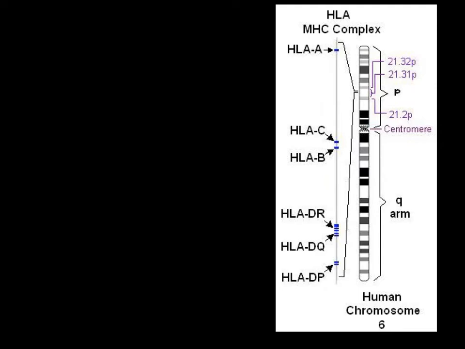Now, these 4 genes that you see on the P arm of chromosome number 6, human leukocyte antigen, or HLA-A, HLA-B, HLA-C, and HLA-D, which actually contains 3 subregions, HLA-DP, DQ, and DR. So we're looking at a total of 6 different genes here, clustered in a group on the P arm of chromosome number 6, that all produce these protein molecules called antigens on the surfaces of our cells.